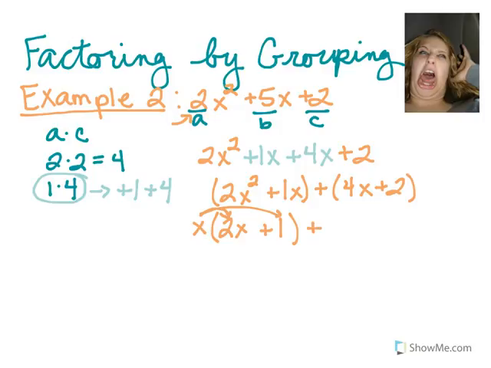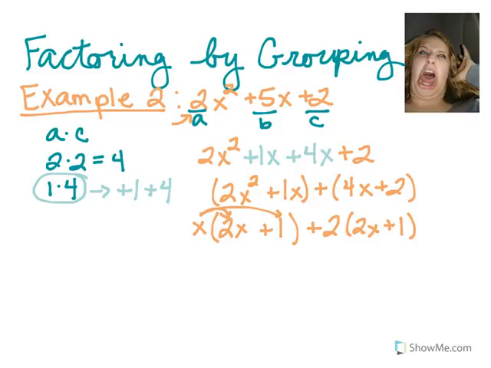Alright, and here I can keep the plus sign because this coefficient of x is positive, so I don't have to worry about any of that negative stuff. So 4x and 2, they have a 2 in common, and that's it. So 2 times 2x will give me 4x, and 2 times a positive 1 will give me my positive 2.